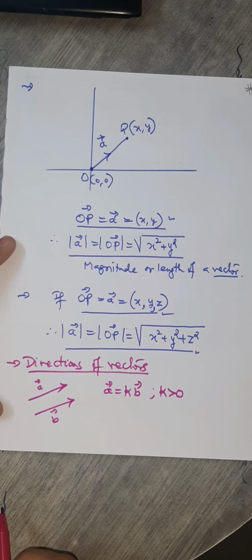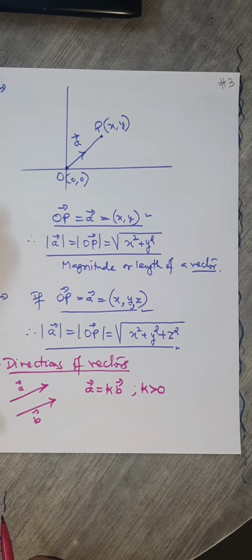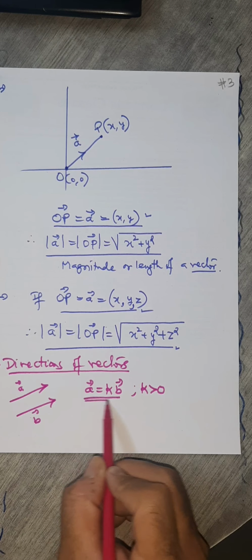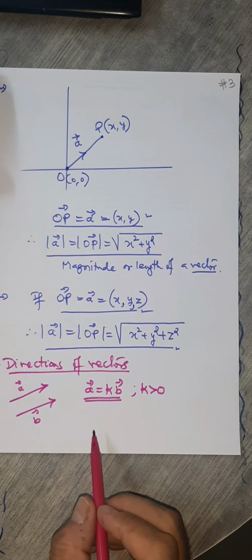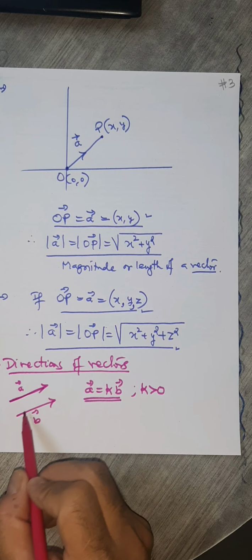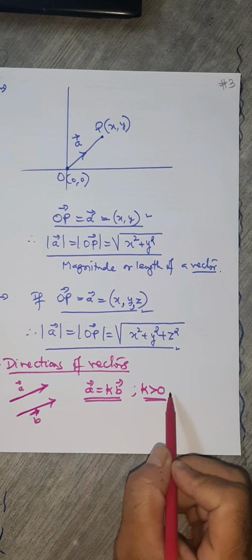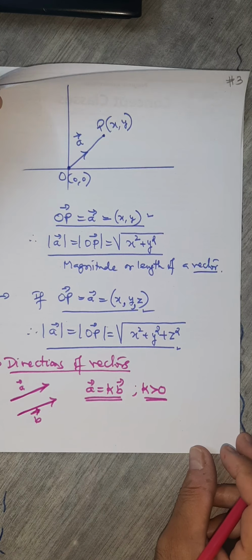If two vectors are in the same direction, remember, then one must be a positive multiple of the other one. We'll discuss later on with some examples. Vector A, vector B, they are in the same direction, then one must be a positive multiple of the other one, where k can be any number or scalar in general.